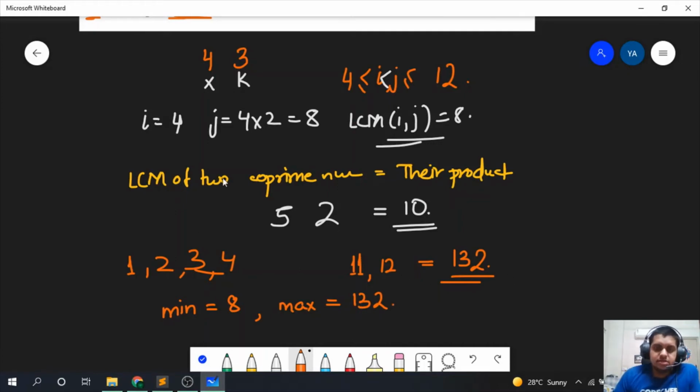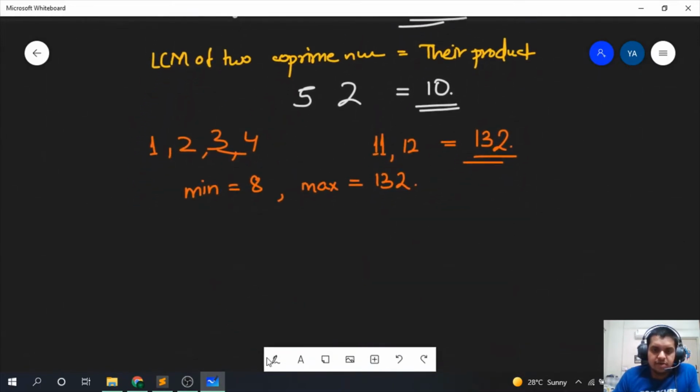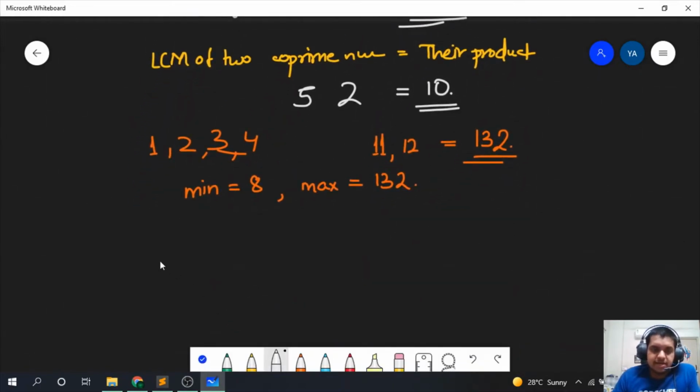So this is the sample case and we partly discussed the solution, but let us discuss it further. In general terms, the minimum LCM is the LCM of x and some multiple of x, because it should be small.